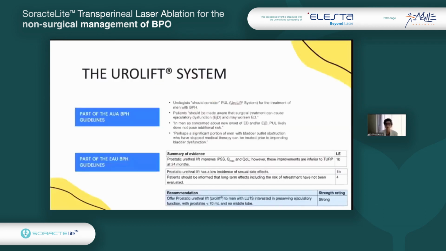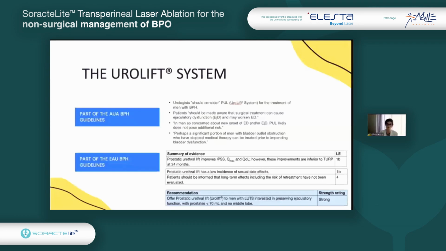All these data have allowed the Urolift system to be part not only of the EAU guidelines, but also the AUA guidelines. In both of them, there's a strong indication for patients who want to maintain ejaculation, of course, whose prostate is not larger than 80 or 70 milliliters.